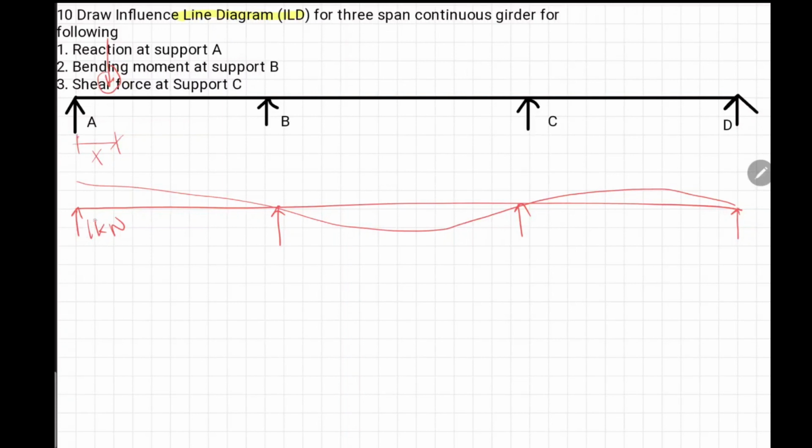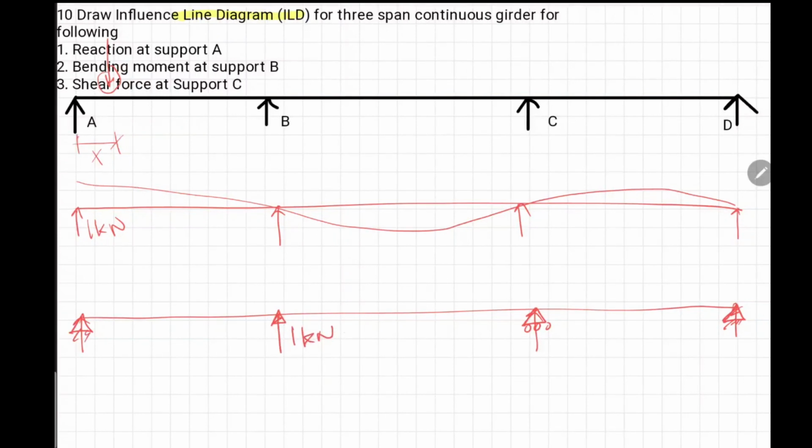So just remember, if I have to draw the influence line diagram for the reaction at B, what do I have to do? I have to just remove this support and replace it, so all the others will remain as supports, and I will now put a 1 kilonewton load.